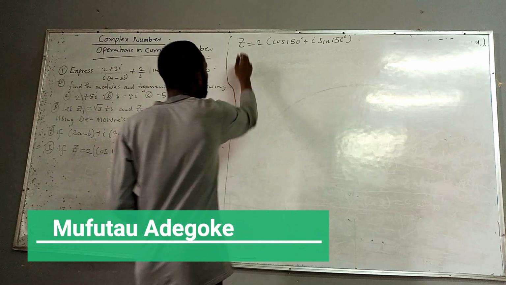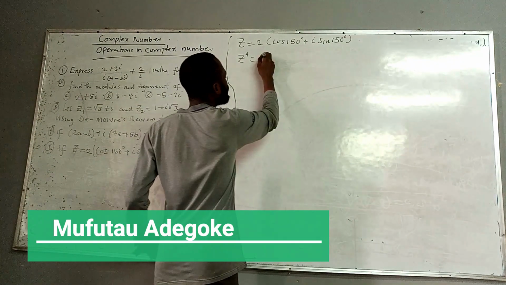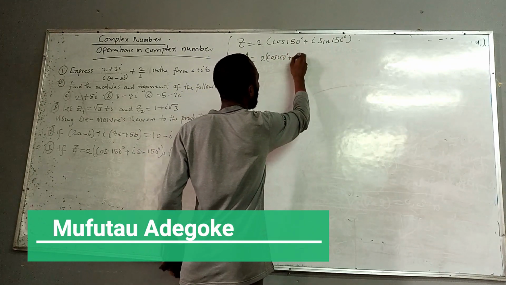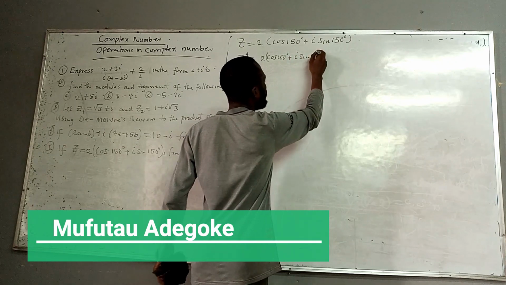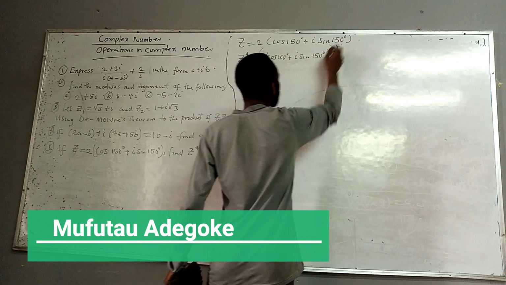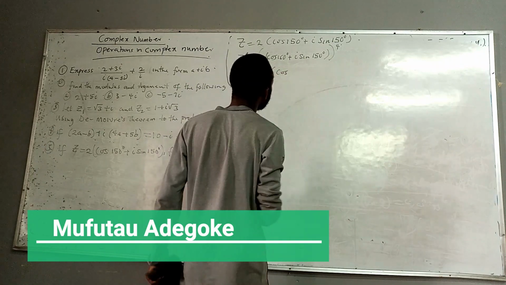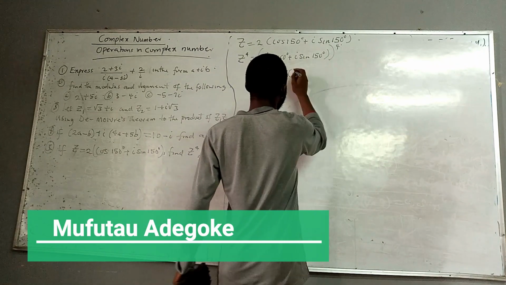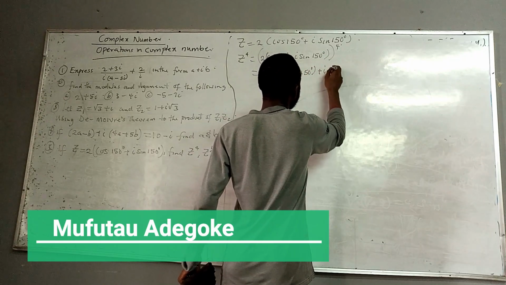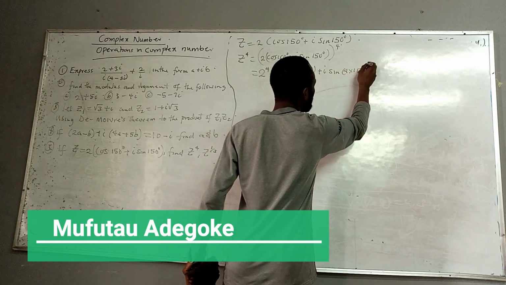Then we want to find z raised to power 4, meaning 2 into cos 150 degrees plus i sine 150 degrees, everything raised to power of 4. Now I can say this is 2 raised to power 4. Then I have cos, and from the formula, 4 times 150 degrees plus i sine 4 times 150 degrees.